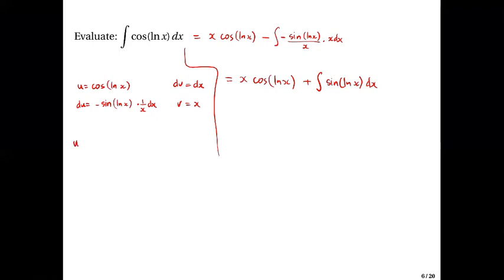Let me write u1 as sine ln of x. du1 is cosine ln of x by chain rule, again multiplied by 1 over x, and then we have the dx. dv1 is dx. Therefore, v1 is just x.